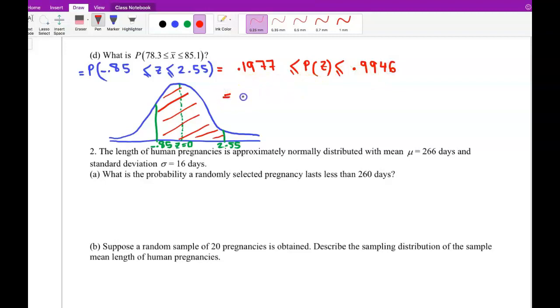So that is equal to 0.9946 minus 0.1977. So the final answer is 0.7969.